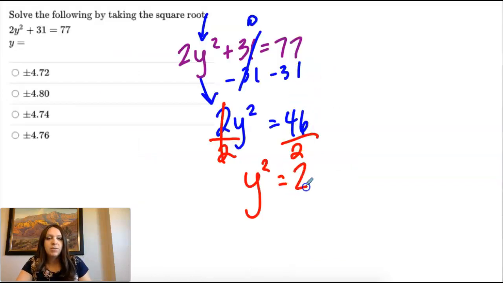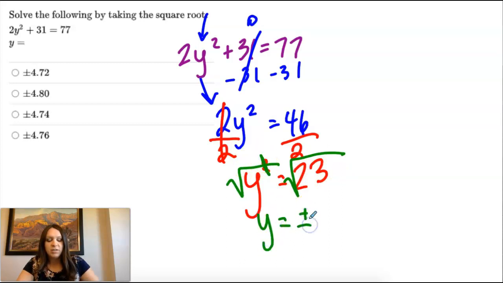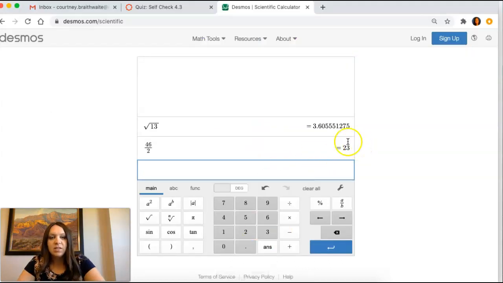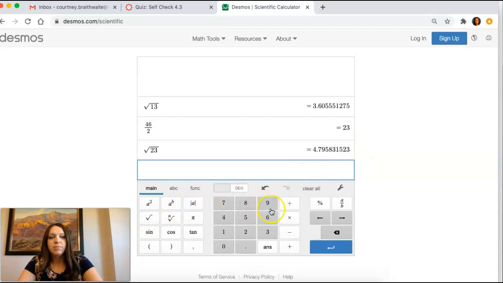And then I'm going to take the square root of that. So square root, these are canceling, and then I need to remember it's plus or minus. So I take that same 23 and I square root it.